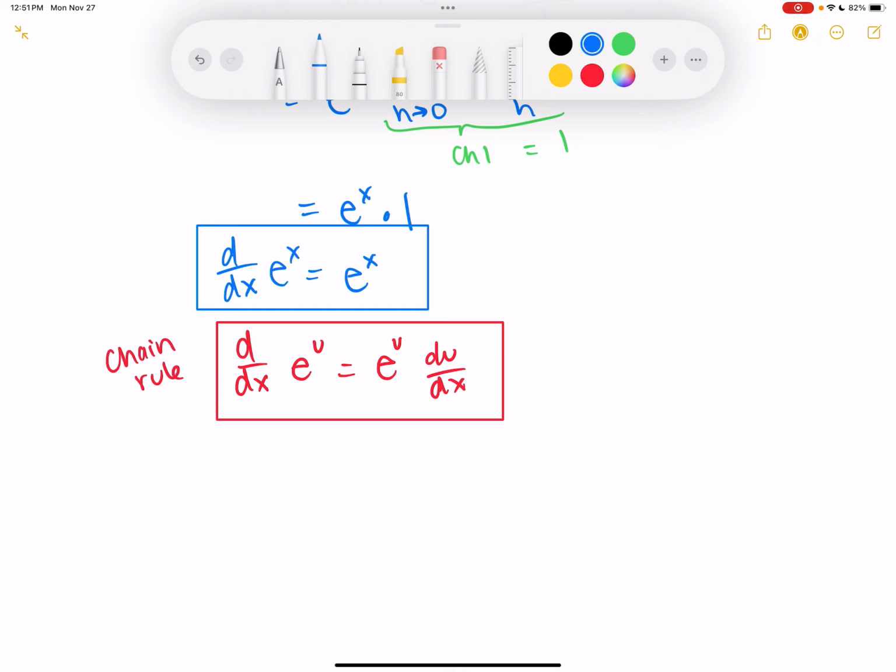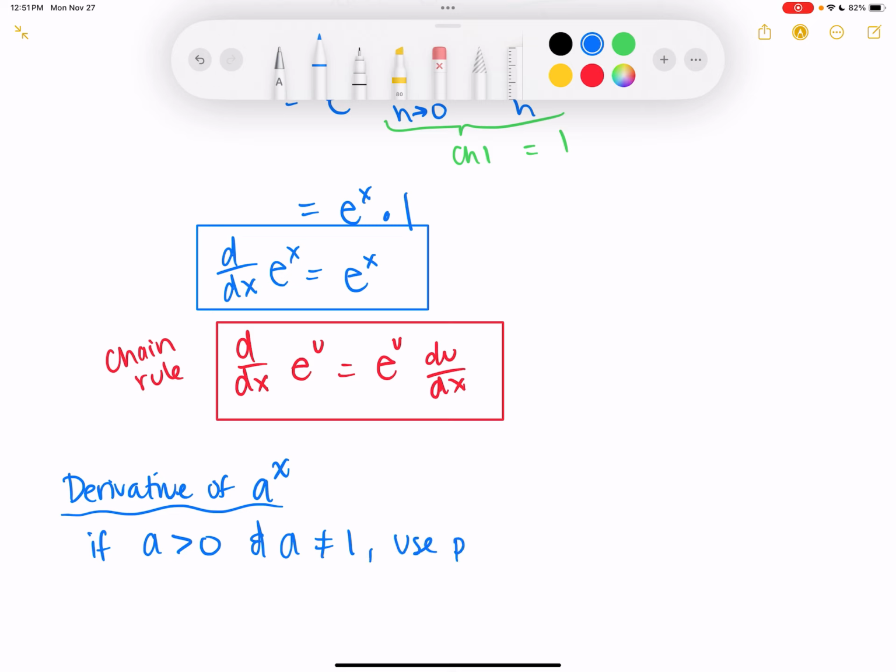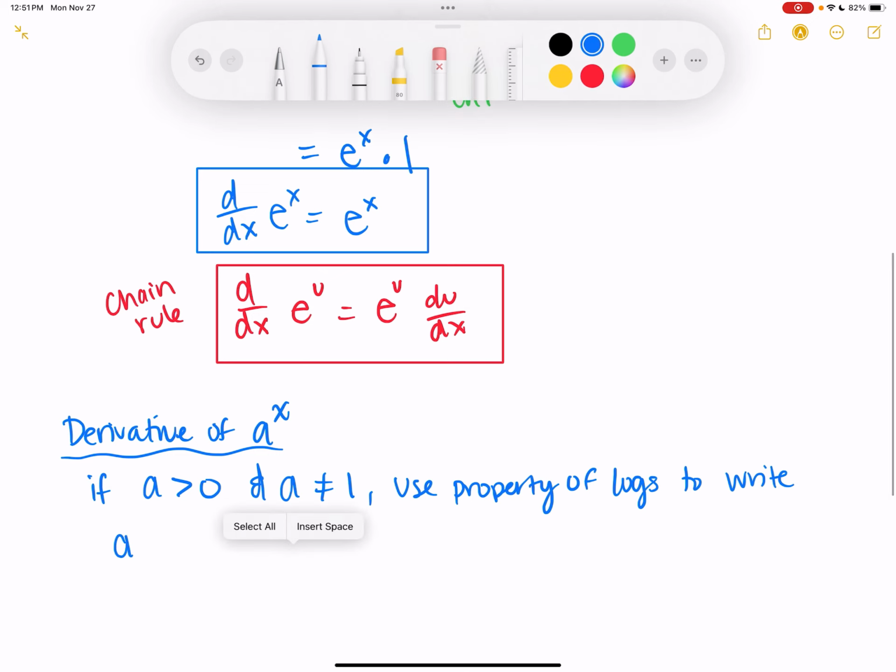Because I also have the derivative of a to the x. So if a is greater than 0 and a is not equal to 1, use the property of logs to write a to the x in terms of e to the x.